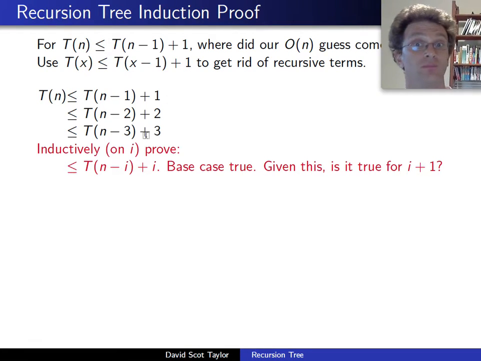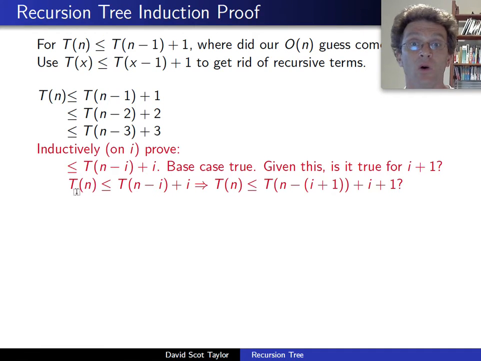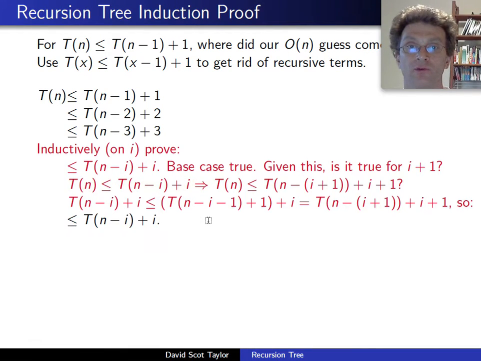We're actually given the base case. That's how the recurrence relation is presented to us to begin with. Now, given that this relationship holds for some arbitrary i, we need to show that the relationship holds for i plus 1. So how do we do that? We know it holds for an arbitrary i.